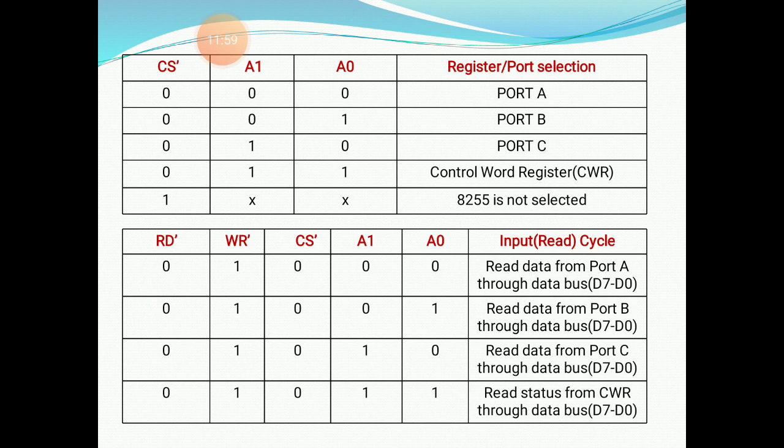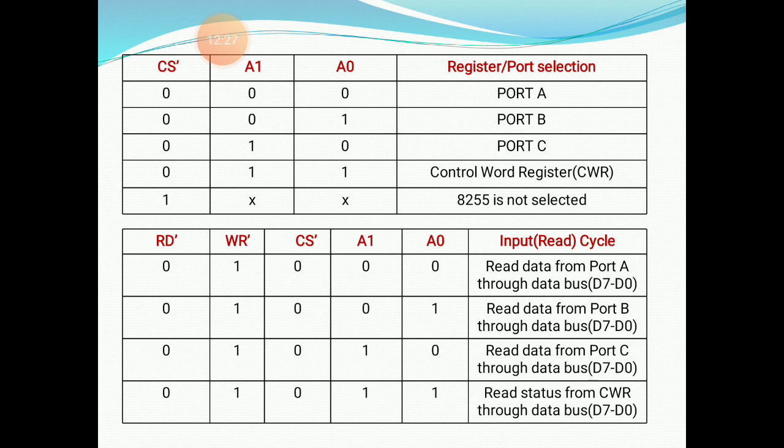If CS bar equals 0, the two address lines A1 and A0 are used to select either port A, port B, port C or the control word register of 8255. Next, in the next table, the two control signals read bar and write bar, along with CS bar, A1, A0, are used to perform either a read operation or a write operation.